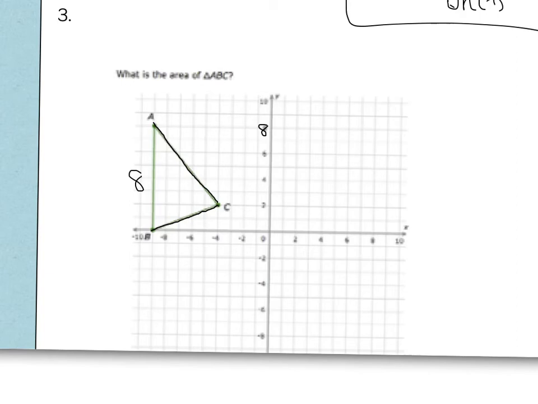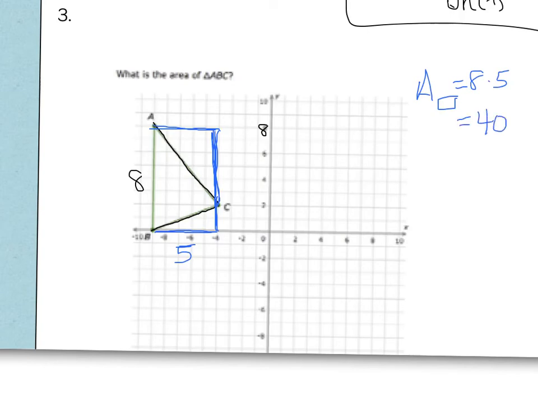So let's actually enclose this into another figure. What I did here is I took the original figure that I had and enclosed it inside of a rectangle, which I can easily find the area of. So this figure is going to be a 5 by 8. And we can see those two figures. So we'll say that the area of the rectangle that we drew is 8 times 5, which gives us 40 units.